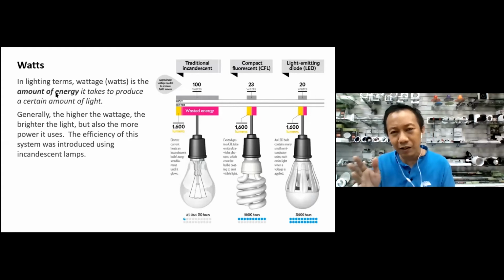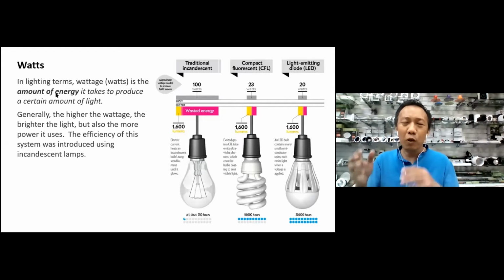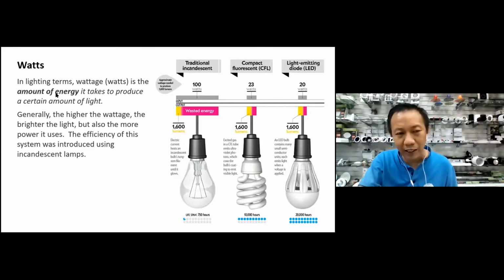And then, nagkaroon ng CFL. So, konti na lang ang ginamit na heating element doon, may mga electronics na doon. Later on, naging LED. So before, yes, the higher the wattage, mas maliwanag siya. But hindi na ngayon, as makita natin dito sa next slide.